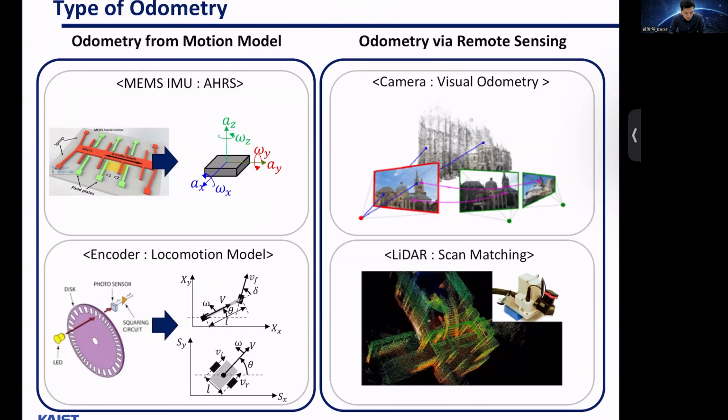When it comes to odometry, we have two types of odometry. One is odometry from the motion model. We can have IMU and wheel encoder as raw sensor data, and we can use that information to compute position, and we can compute odometry basically.